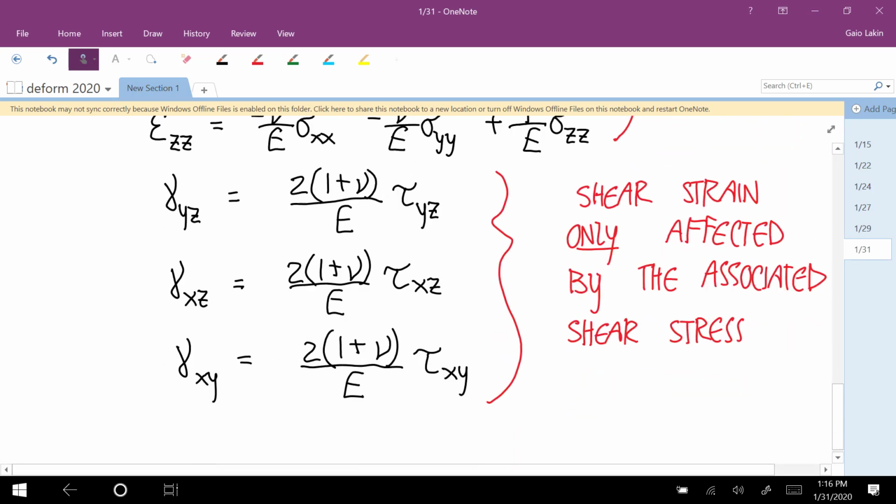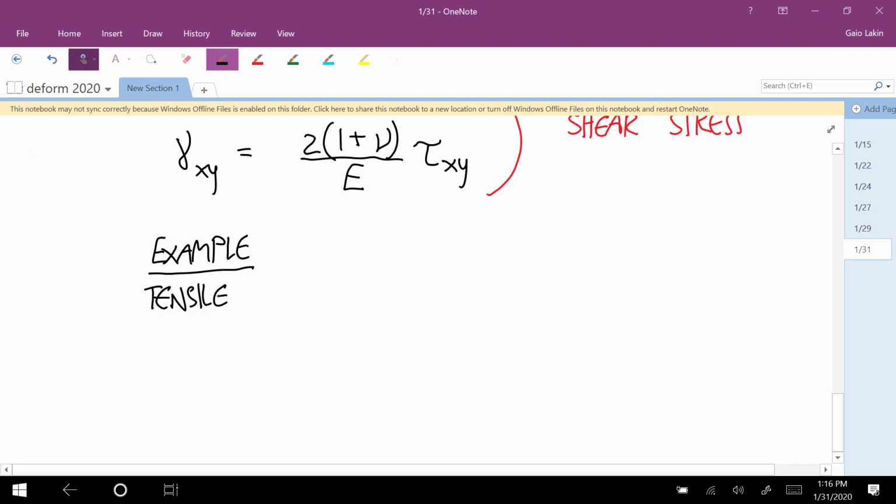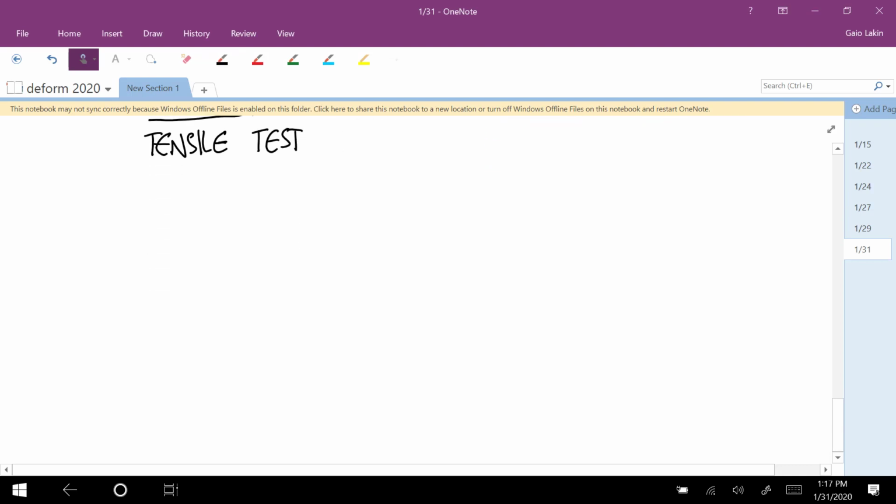All right, so let's do an example problem with a tensile test. So let's say we have this material sample.